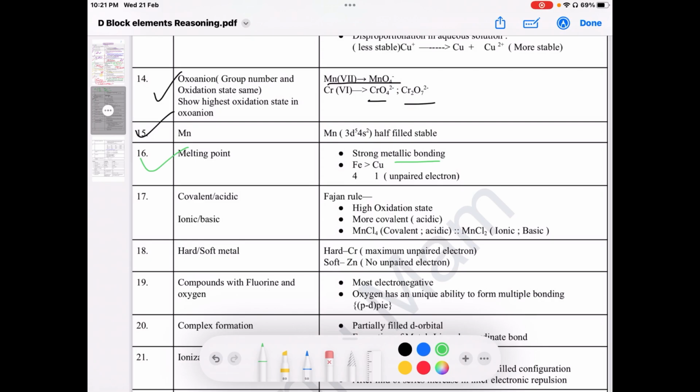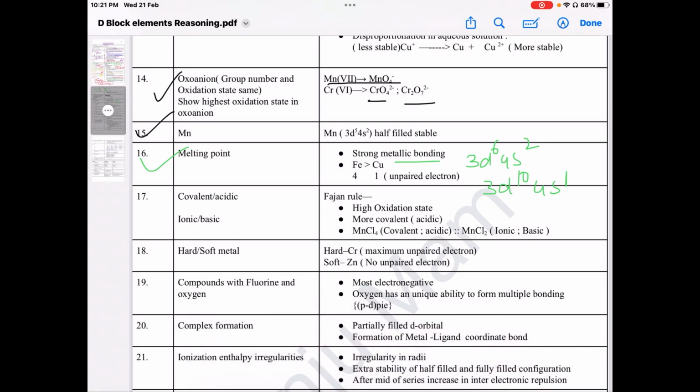If I take an example of iron and copper: iron's atomic number is 26, so its electronic configuration is 3d6 4s2, whereas copper's atomic number is 29, so its electronic configuration is 3d10 4s1. So iron has 4 unpaired electrons, whereas copper has 1 unpaired electron. In case of iron, the number of unpaired electrons is more, so its crystal lattice is stronger than that of copper. That's why its melting point is quite high.